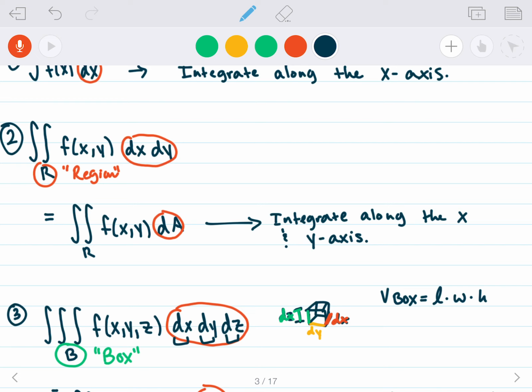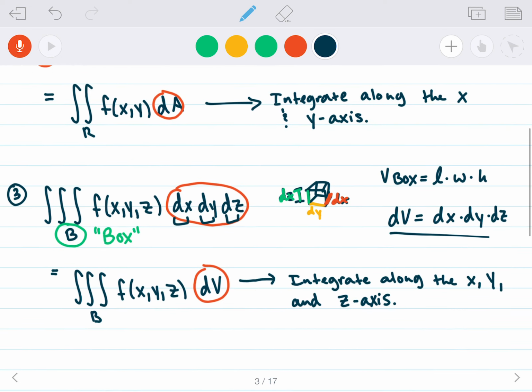So we can see here that the change in volume, or the volume of this box, is going to be dx times dy times dz, because that's the dimension of our infinitely small box. So anyway, we're going to be integrating along the x, y, and z axis here, and instead of writing dx, dy, dz, I'm going to replace that with the change in volume, dV.